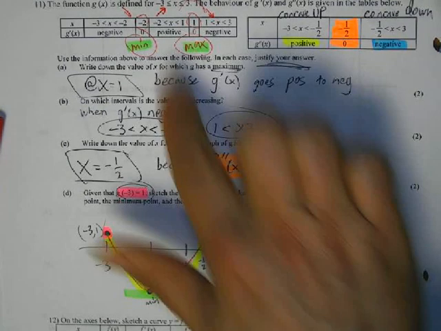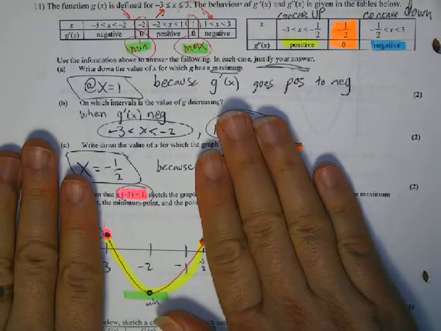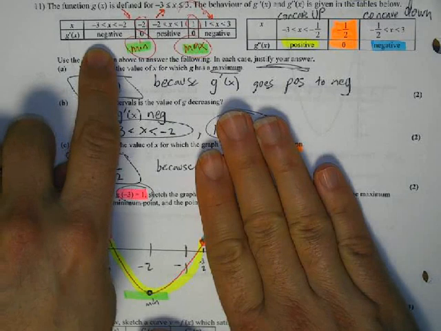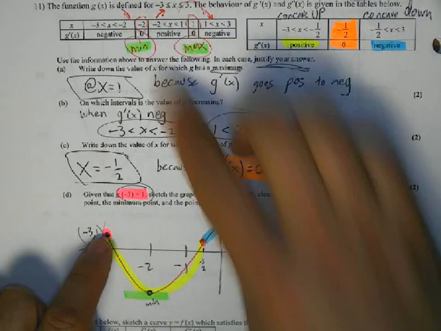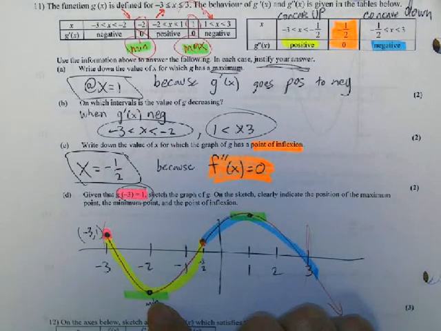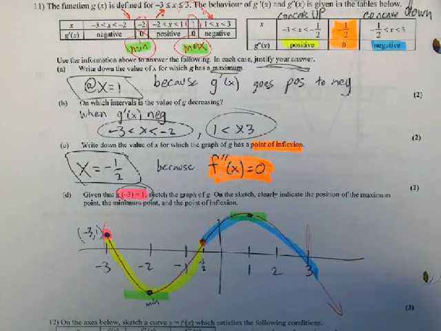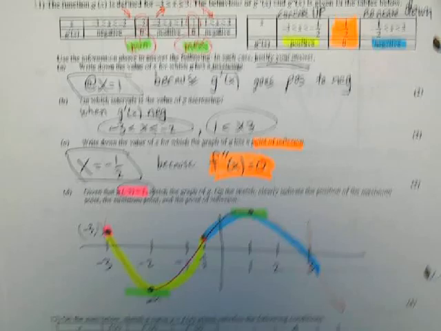Between -3 and 2, our derivative is negative. Okay, I hope that helps. Next one.